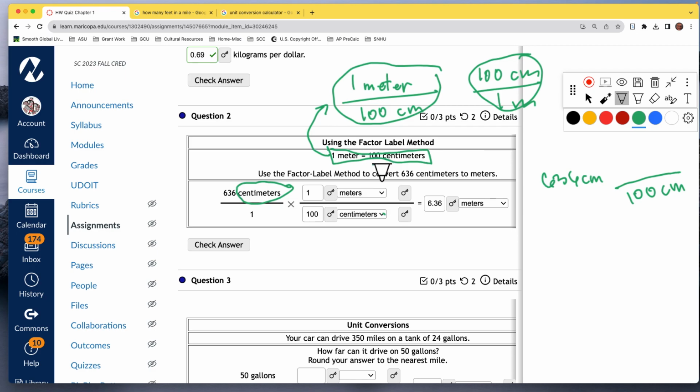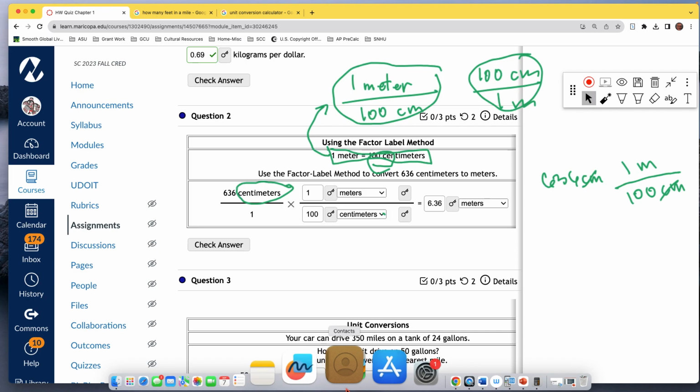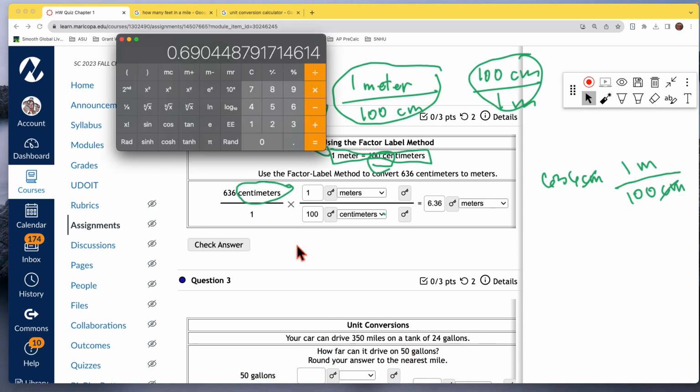So the 100 goes in the denominator, 1 meter goes in the numerator, and the centimeters are going to cancel. Take 636 divided by 100, and if you're not feeling comfortable doing that by moving the decimal, we always go here. 636 divided by 100 is 6.36, and that's going to get us to meters.